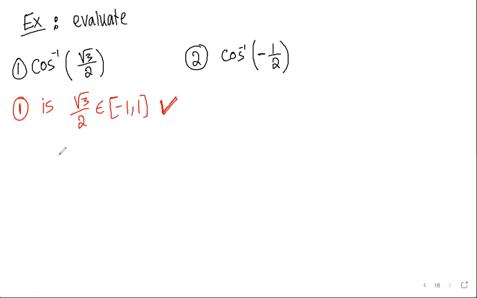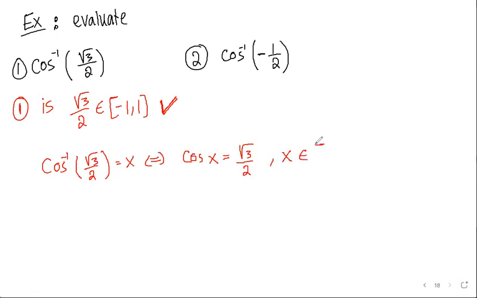Now, using the properties, cosine inverse of square root of 3 over 2 equals x. This means cosine of x equals square root of 3 over 2. What is the value for x that belongs to the interval from 0 to pi, such that if I plug it here, it gives me square root of 3 over 2?